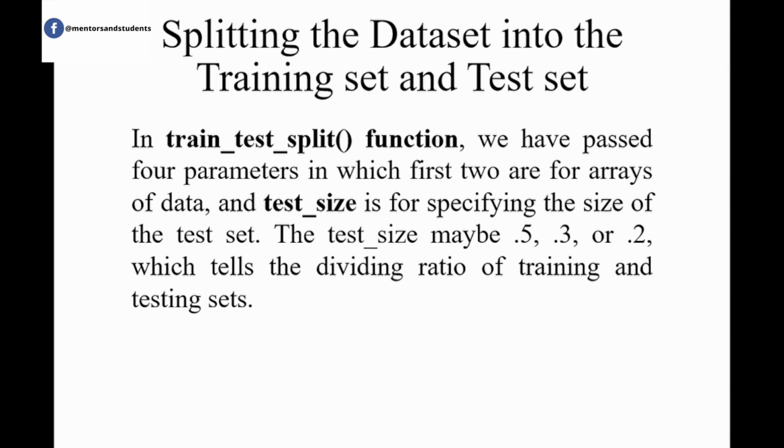With the help of this function, we have passed parameters, in which the first two are arrays of data, and the test size specifies the size of your test set. The size may be 0.5, 0.3, 0.2, which tells us the dividing ratio of your training and testing set. 0.5 means 50-50, 0.3 means about 70-30, 0.2 means 80-20.